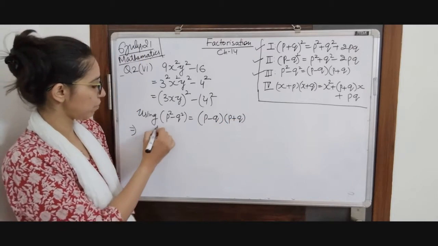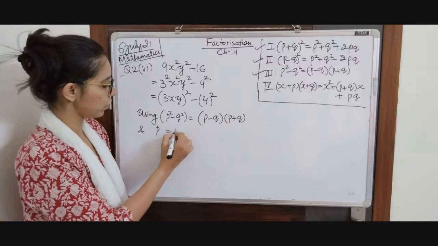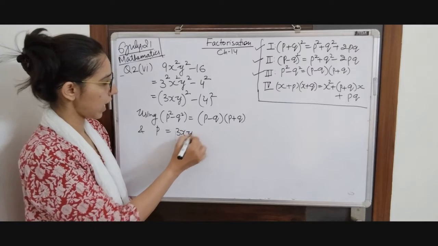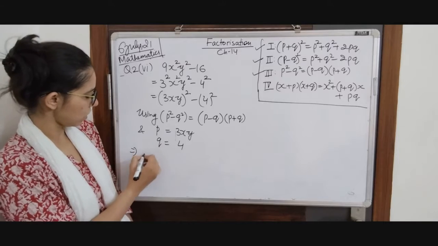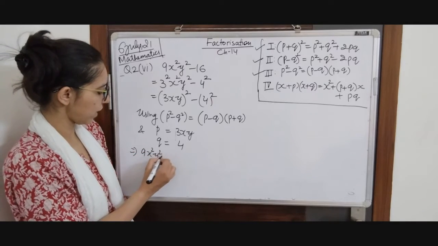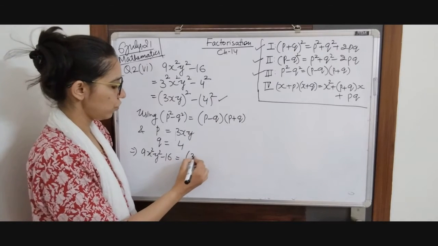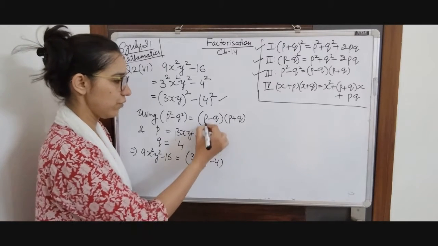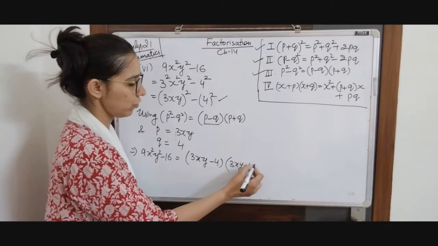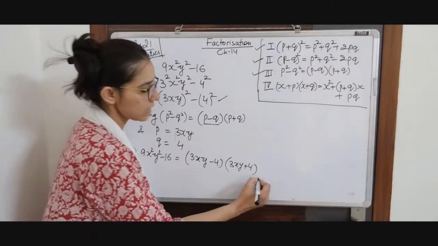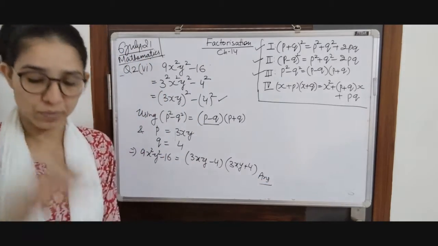Here p is equal to 3xy and q is going to be 4. So 9x square y square minus 16 will be equal to (3xy minus 4), the difference of the terms, and the sum of the terms, (3xy plus 4), and this is going to be the factorization of the given algebraic expression.